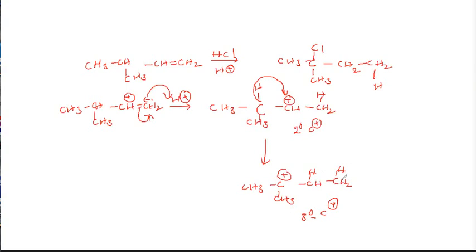For example, in this case, directly a tertiary carbocation is formed. No need to check the rearrangement because it is already a tertiary carbocation, which is always more stable. So here this is already a more stabilized carbocation. Then here HCl, H plus, again Cl minus. This Cl minus attacks this carbon.